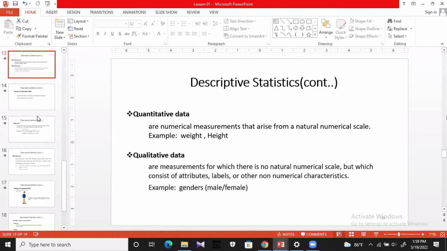But my question is, can't we represent our qualitative data using numbers? That means, can't we convert our qualitative data to quantitative data? What do you think?